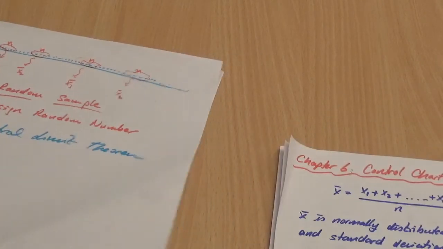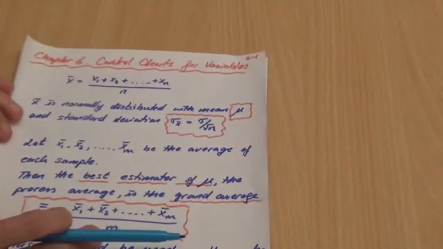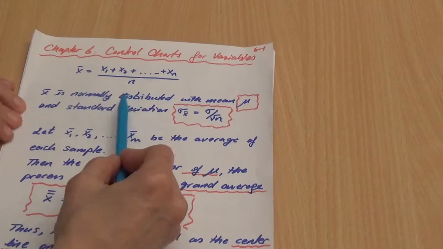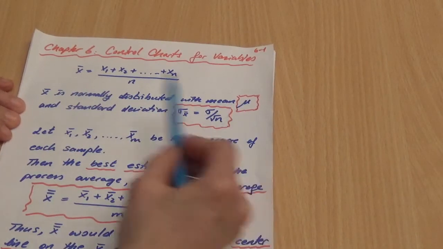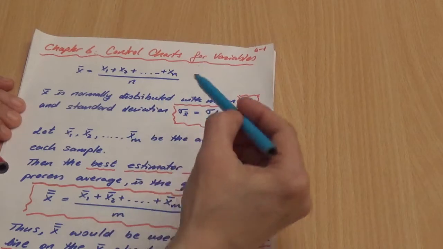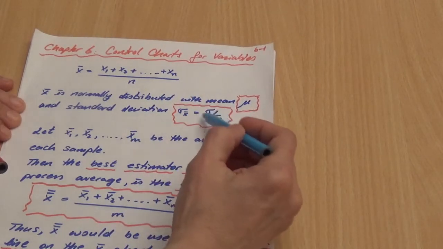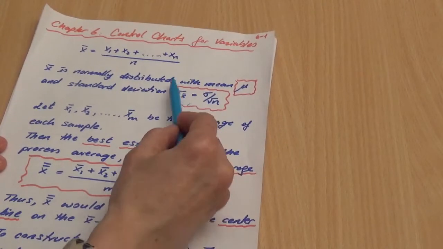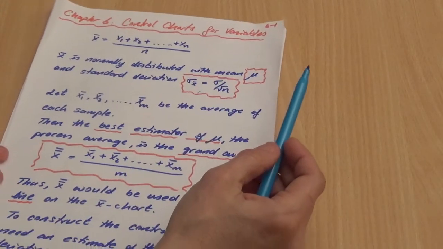So let's go to our summary of chapter 6. What does it say? X bar is normally distributed with mean mu and standard deviation sigma x bar is equal to sigma over square root of n. So this is a really memorizable equation.